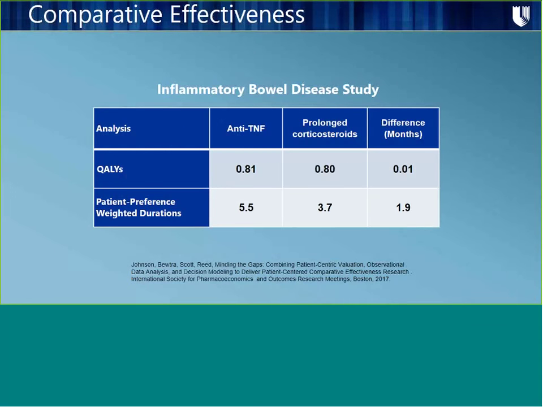Okay, so we have recently done a PCORI study where we estimated QALYs based on conventional health state utilities for anti-TNF treatments versus prolonged corticosteroids for inflammatory bowel disease. I'm sorry, I did not replace this slide.